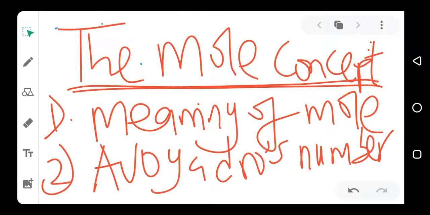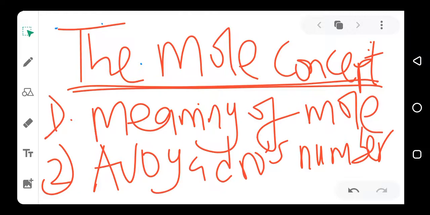And just like a dozen is defined as 12 particles of something, for chemists, a mole is the amount of substance that contains 6.02 × 10^23 particles of a substance.